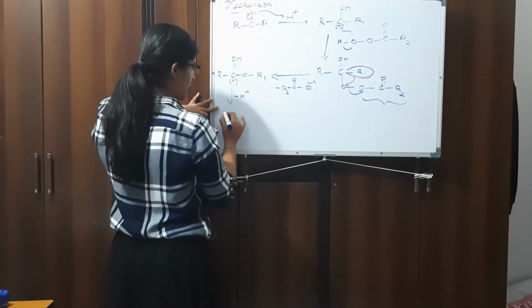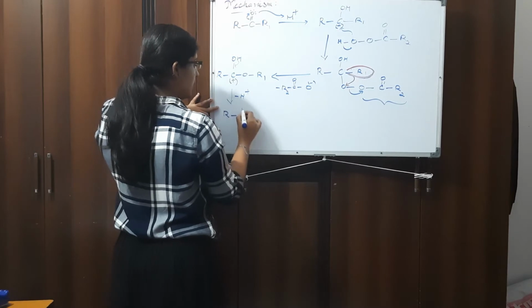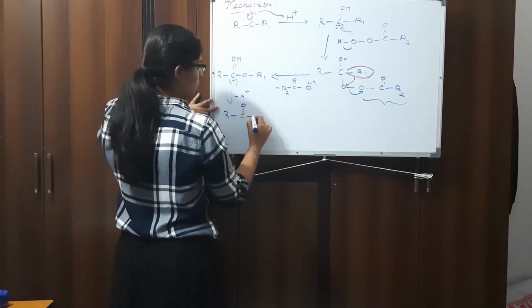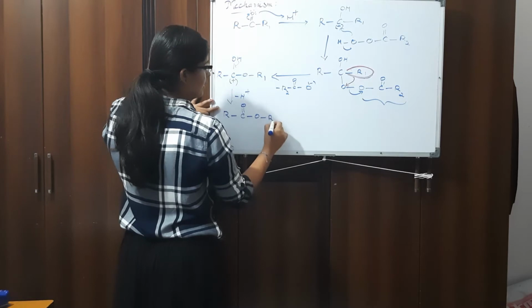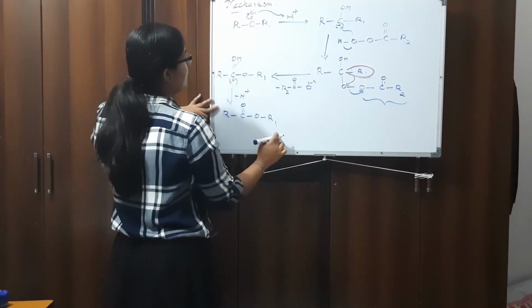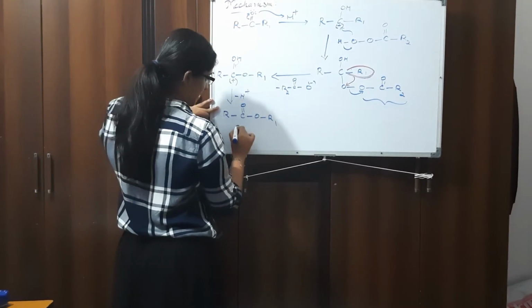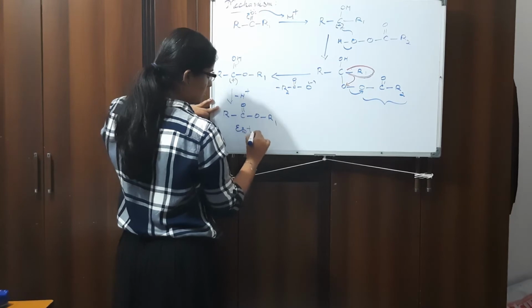So what happens? This hydrogen would go out as minus H plus, right? This OH group's hydrogen would give out, the O-H bond would be broken, and H plus would move out, giving rise to R C double bond O, O R1 as usual, and this is my ester, which is the final product.